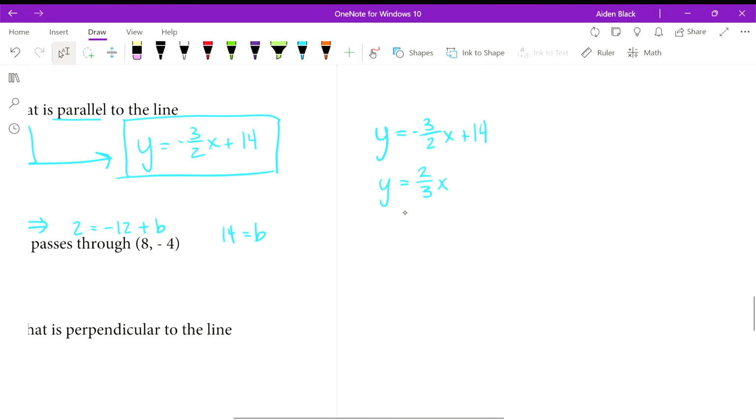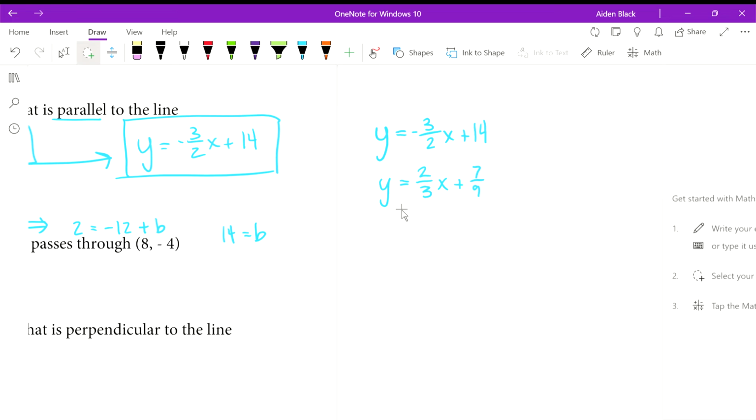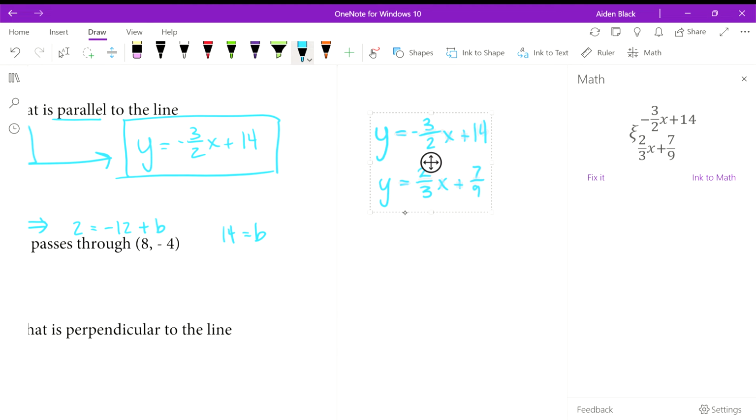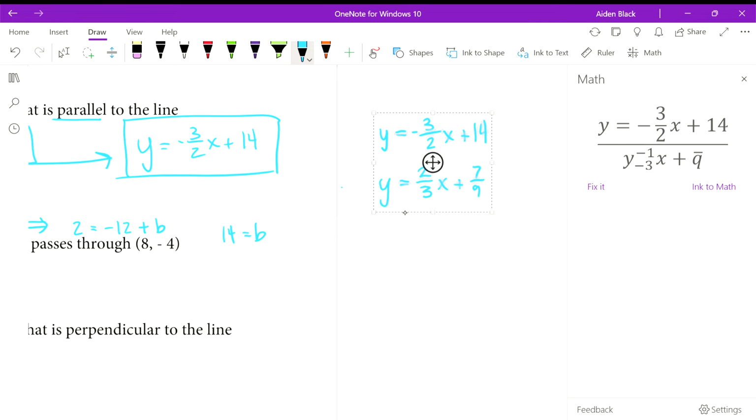And I'll just put the original y-intercept. Okay, this isn't working.